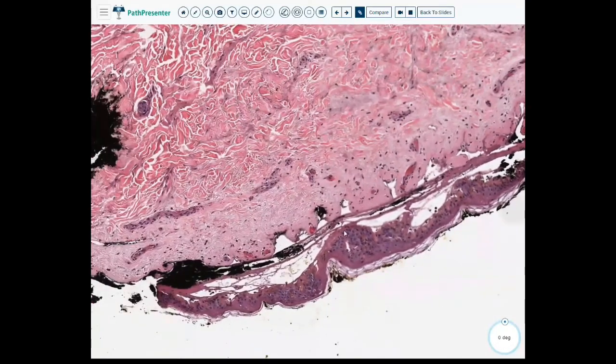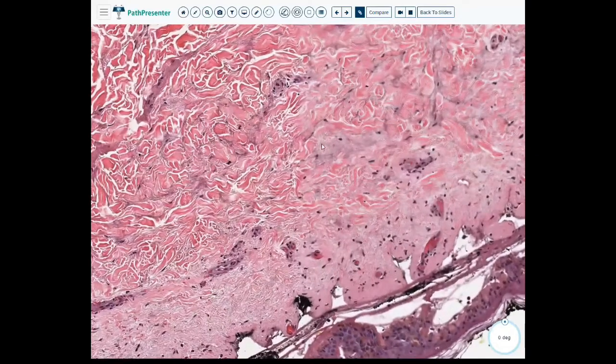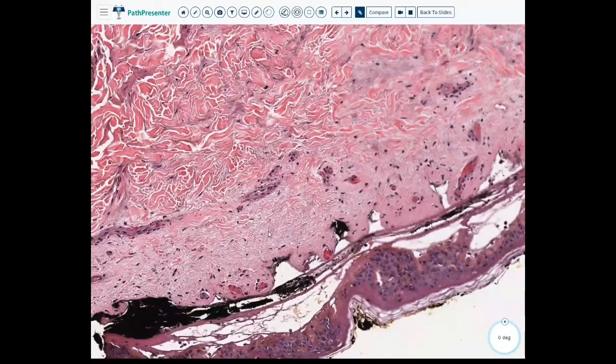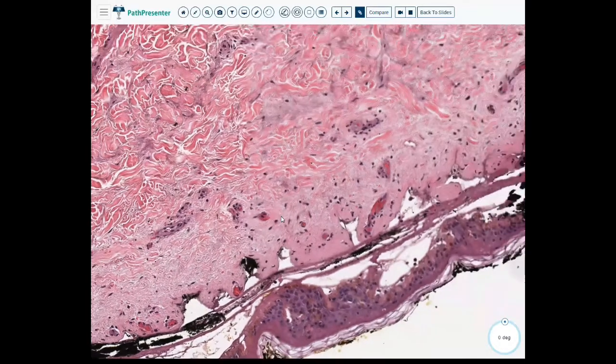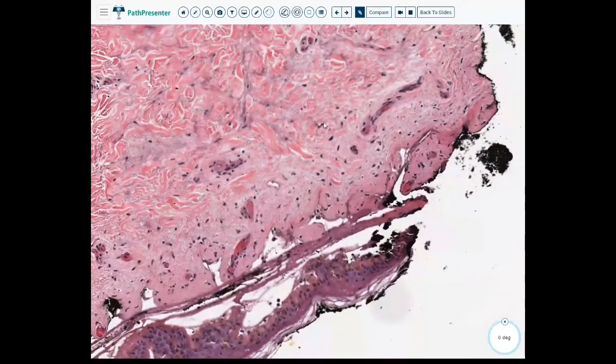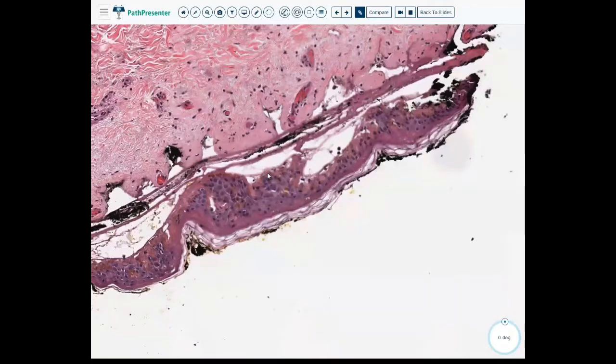Again, you can see that blue-gray change in the superficial dermis. Not a lot of inflammation going on here. There's not much going on besides this bulla, and that should make you think of epidermolysis bullosa acquisita, or EBA, and that's what this is, where we have this paucicellular component, but otherwise it looks very similar to bullous pemphigoid.